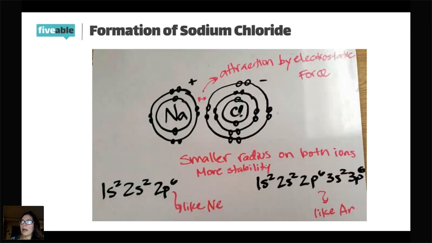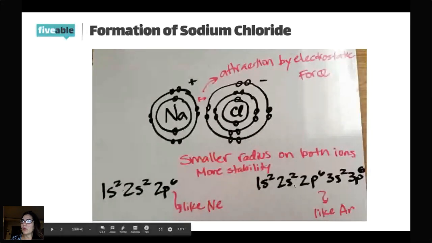You have 1 electron more than the protons, so the nuclear charge is not able to hold it close enough. So the sodium ion will be smaller than the original atom, and the chlorine ion will be larger than the original atom, but they will reach more stability because their electron configurations are going to be like the ones in noble gases, neon and argon. And that's why they're kept together with this attraction.